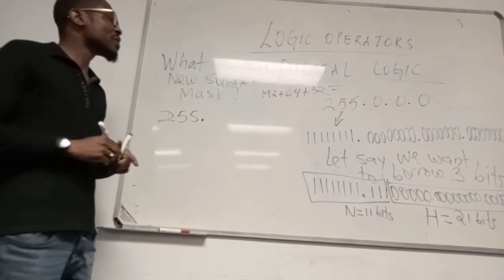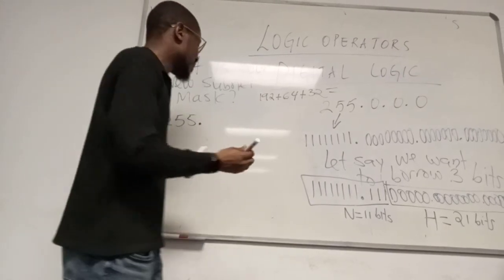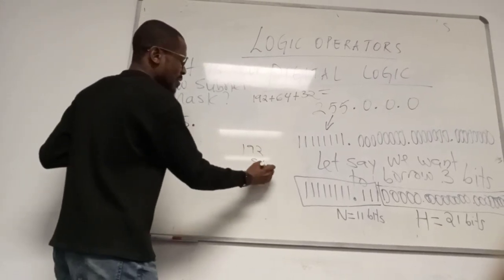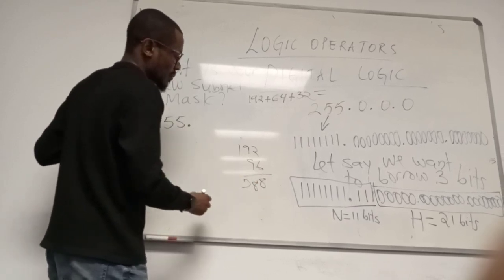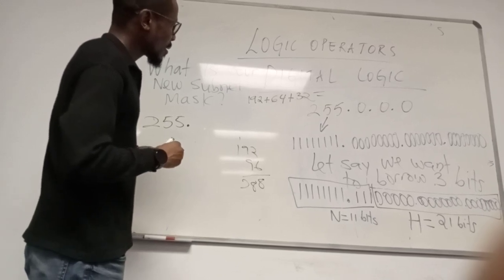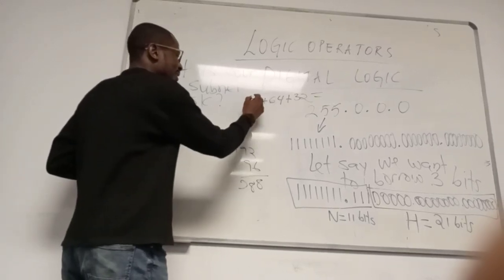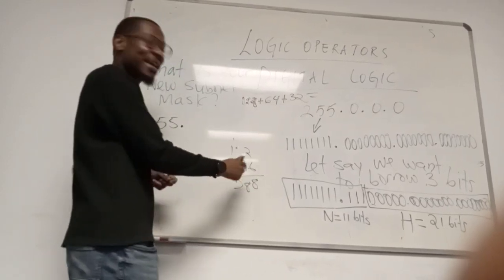192 plus 64. 64 plus 32 is 96. 192 plus 96. Which number are we trying to get? No, it's 128 here.